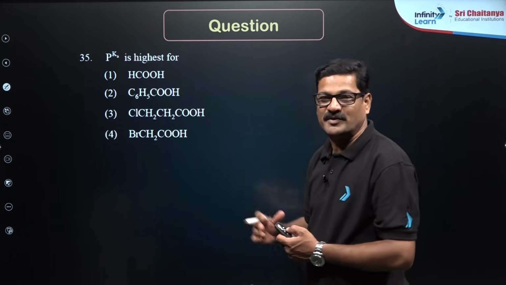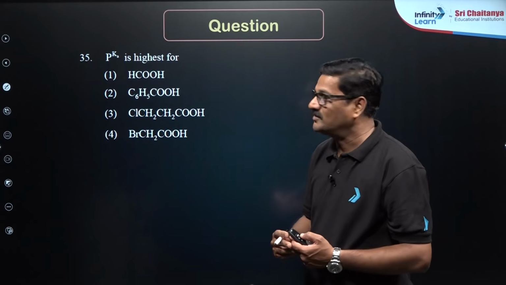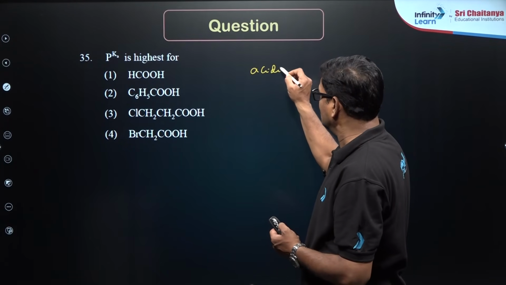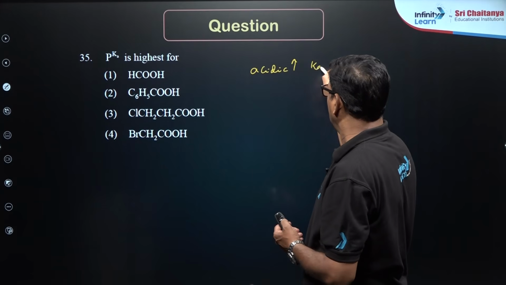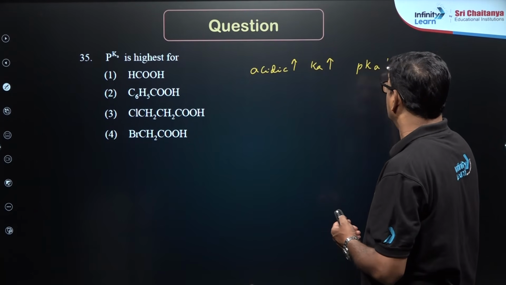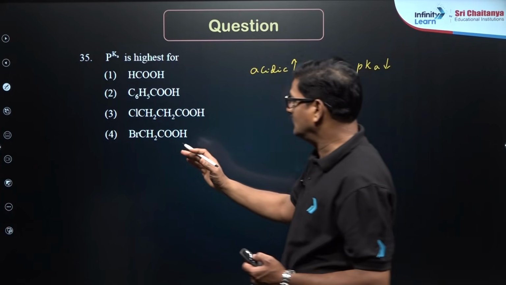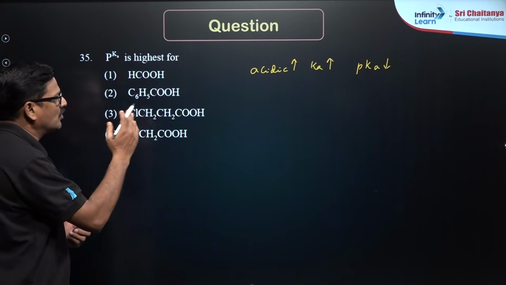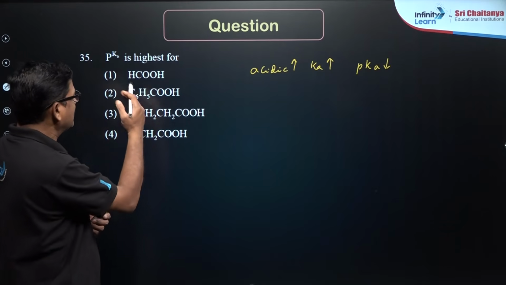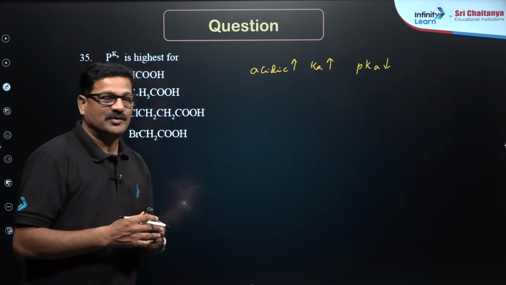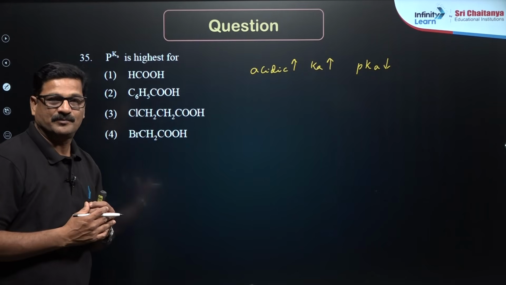Students, here is the question based on the acidic strength of the carboxylic acid. As acidic strength increases, its Ka value increases and the pKa value decreases. When you see bromoacetic acid, 2-chloropropanoic acid, benzoic acid and formic acid, you have to apply the inductive effect when the halogen comes.